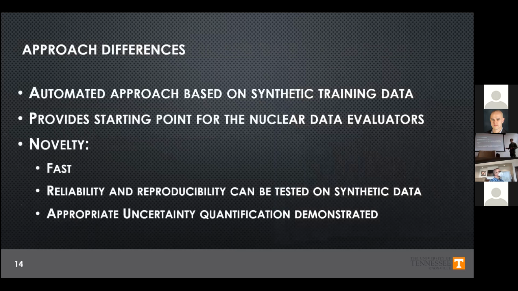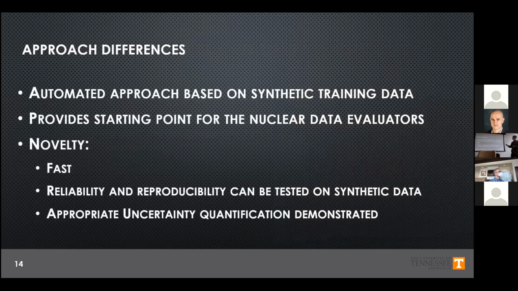So how is our approach different from what's being done now? Well, it's automated. Instead of trying to have these people do it by hand, let's give them a tool where they can get that initial starting point. We can formulate this optimization problem, get a solution, and now this gives those evaluators that initial starting point to then refine that model moving forward, instead of them having to start that process by hand.